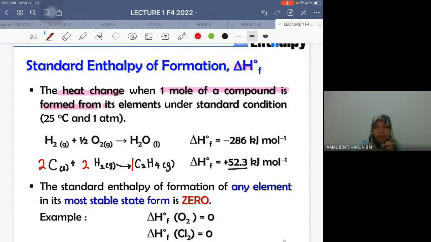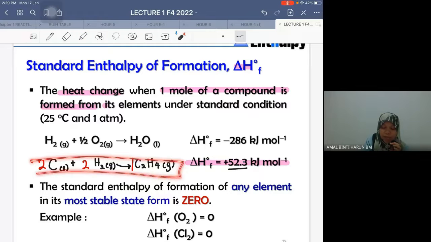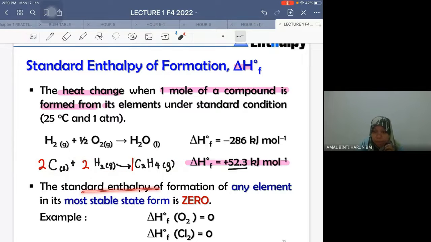So, once again, bila nak buat thermochemical equation mesti ada heat change dekat sebelah kanan. And then dia punya equation mesti tally dengan dia punya definition. Next, the standard enthalpy formation of any element in its most stable state is 0. Okay, contoh, naturally found oxygen adalah sebagai oxygen gas. So perlu tak kita form oxygen gas?